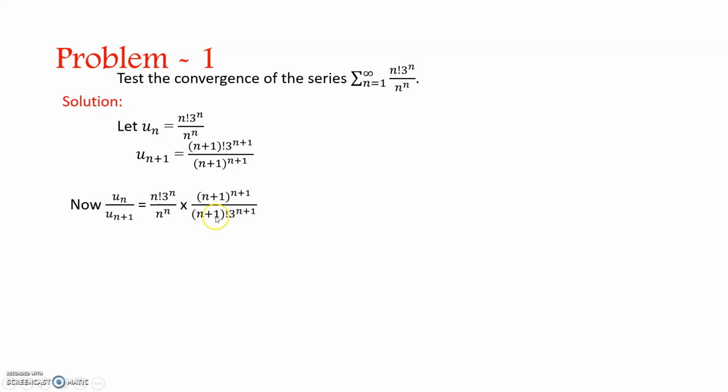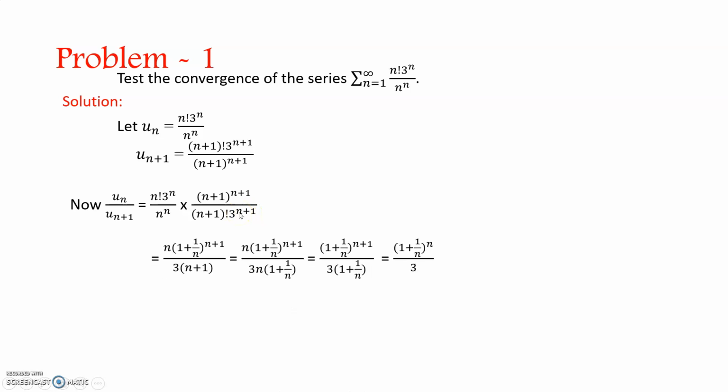So here this n plus 1 factorial can be written as n factorial into n plus 1, then this 3 power n plus 1 can be written as 3 power n into 3. So here we can cancel the 3 power n, and the n factorials also cancel. The remaining we get n plus 1 in the numerator. Here remaining we have a 3.